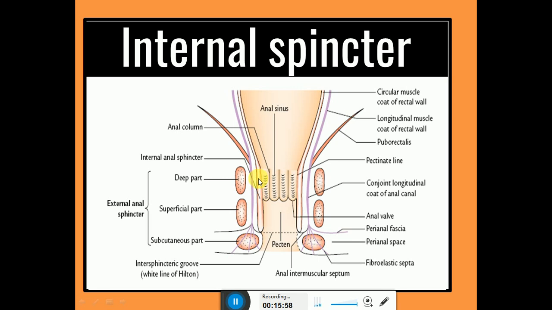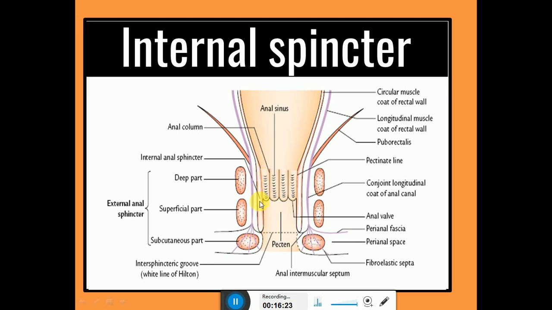Here you can see this portion, the internal anal sphincter. From here the anal canal begins till here.